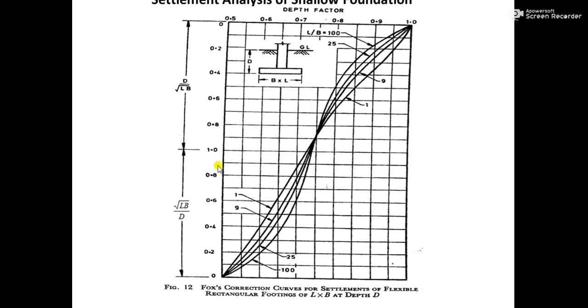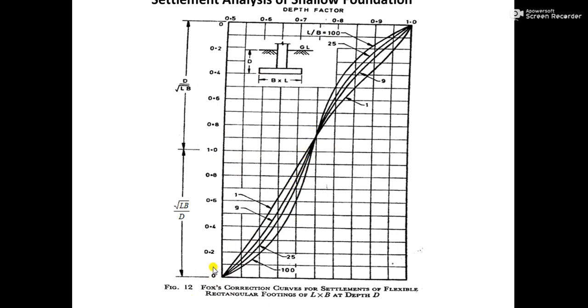You should find out the value of root over of LB by D. If that value remains within a range of 0 to 1, you find the depth factor from the bottom portion of this chart. That means below this one value, you pick up the value from the bottom portion of the chart.